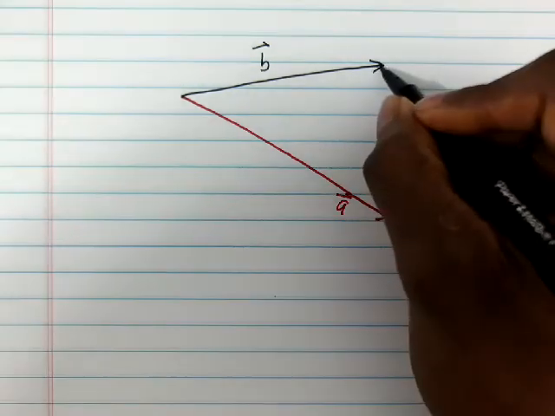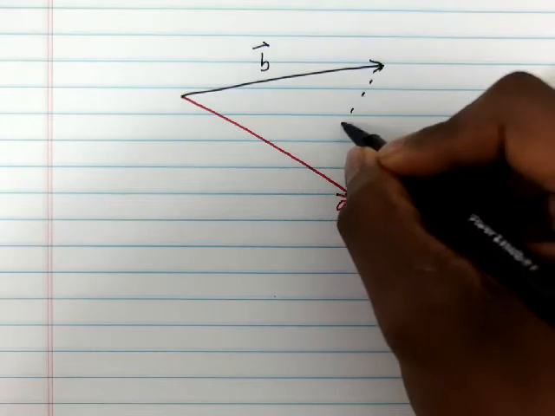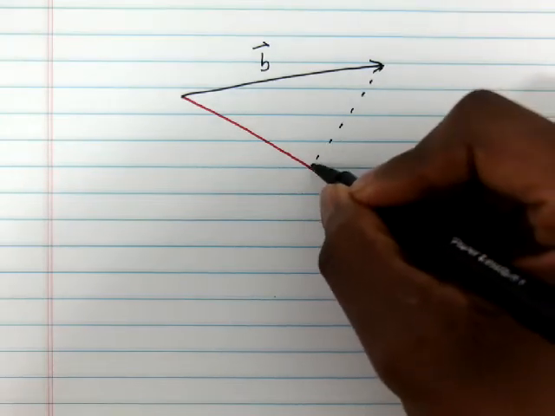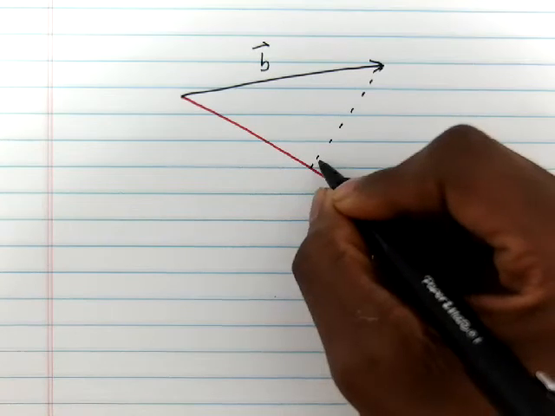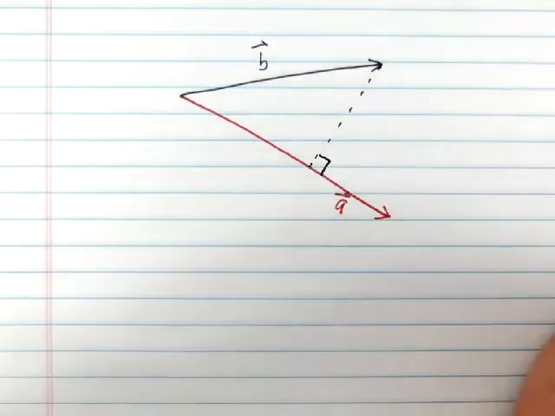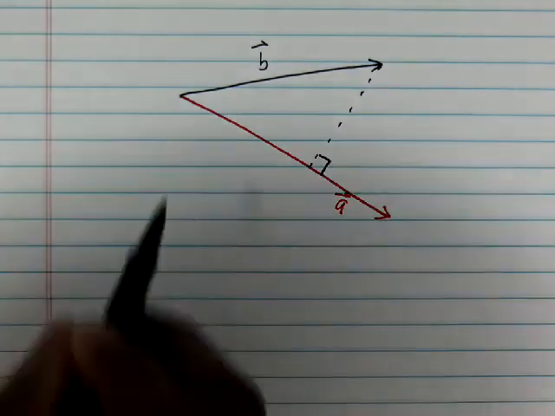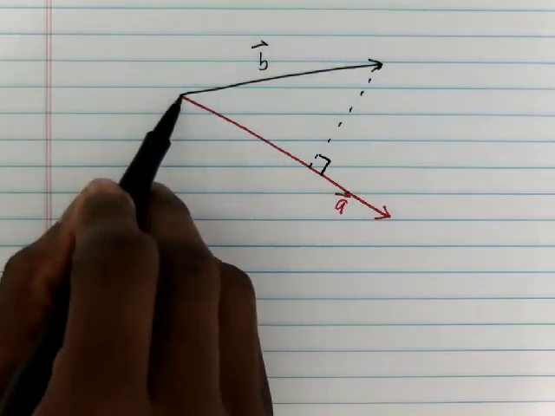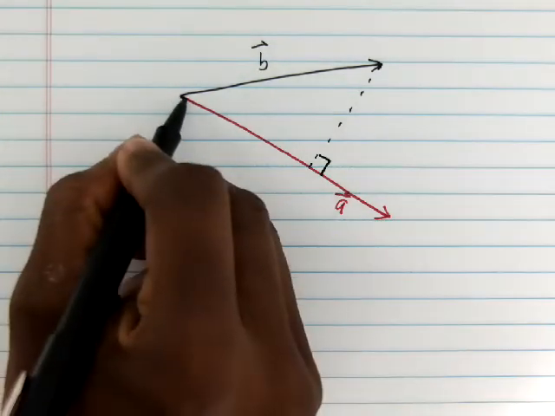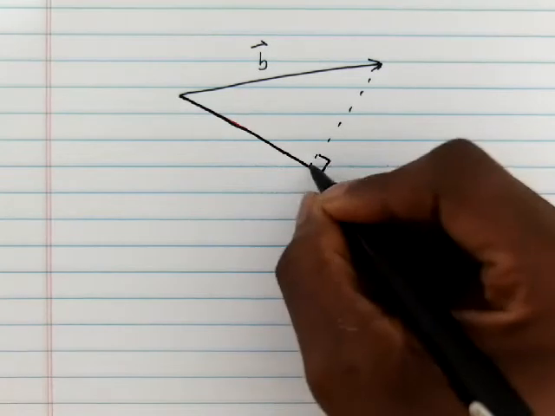So then what we do is we drop what we would call a perpendicular from B onto A. So this right here is a 90-degree angle there. And the projection of B onto A is just this vector right here. So it goes from there out to here.